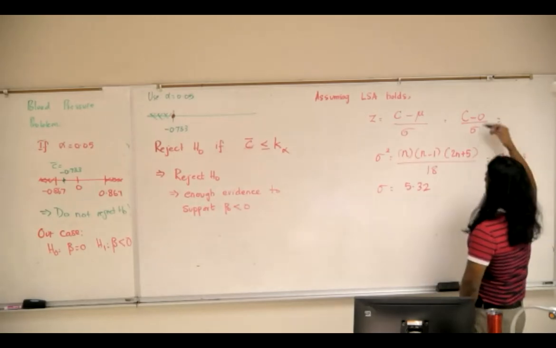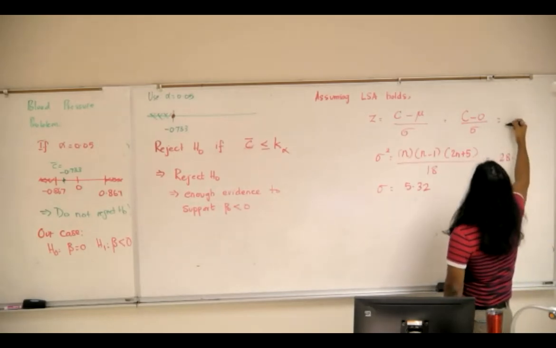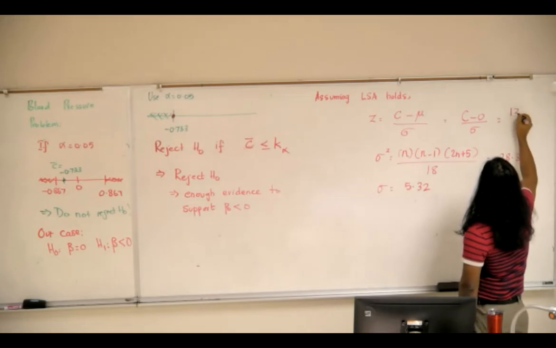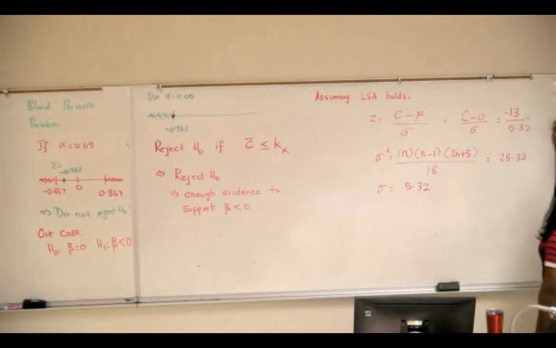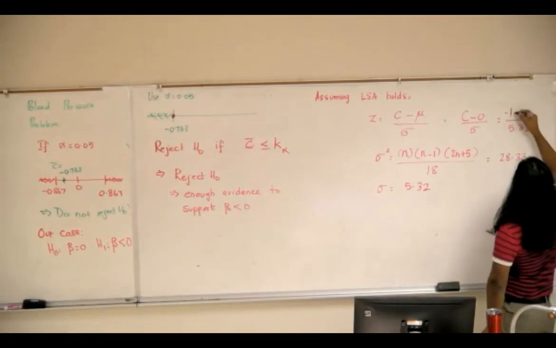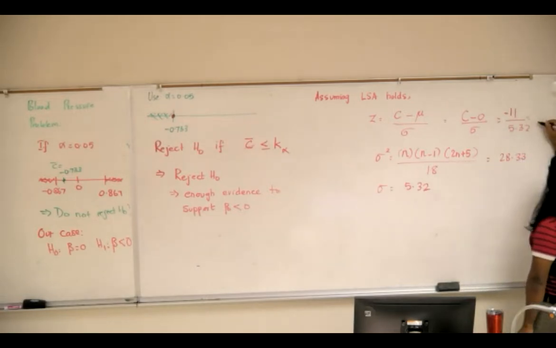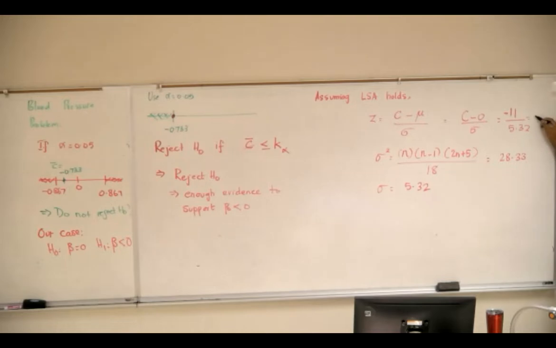So here, C was negative 11, so negative 11 divided by 5.32. What do we get? Negative 2.07.